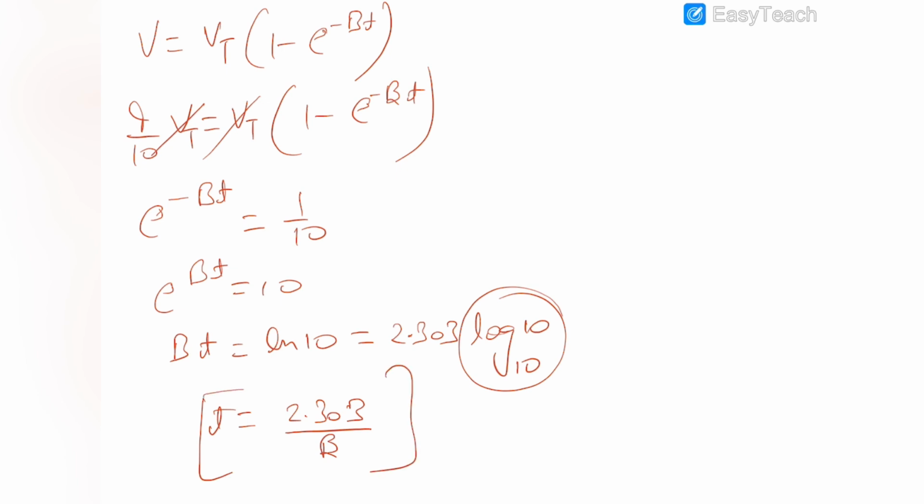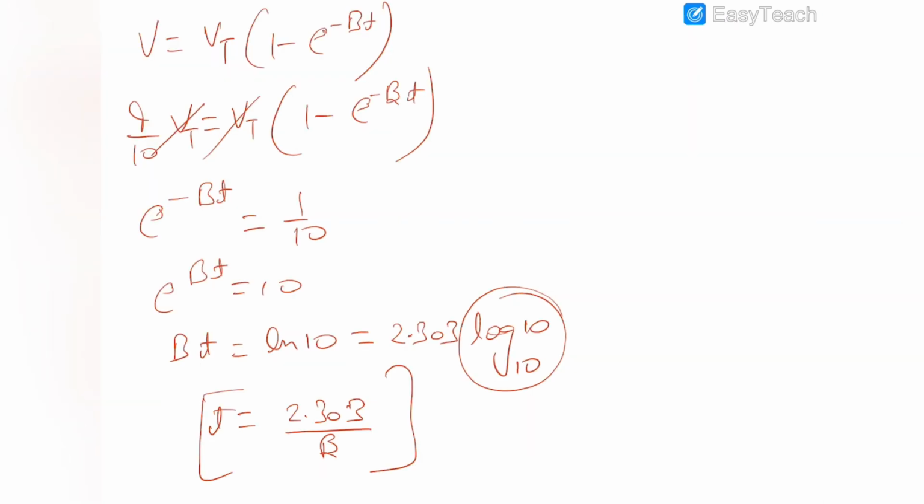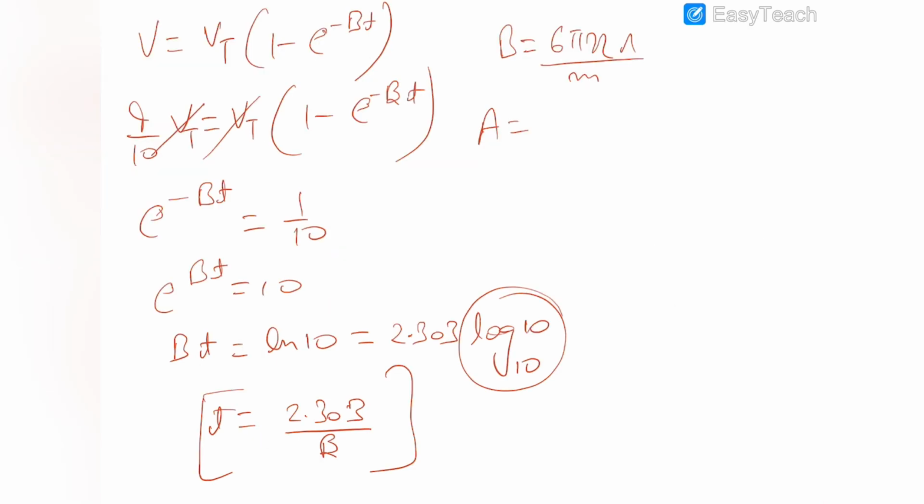Now we have to find out the value of B. We know that B is 6 pi eta r by m, which is the mass, and the value of A is g minus buoyancy by m. So I can say that the value of A is mg minus buoyancy by m.